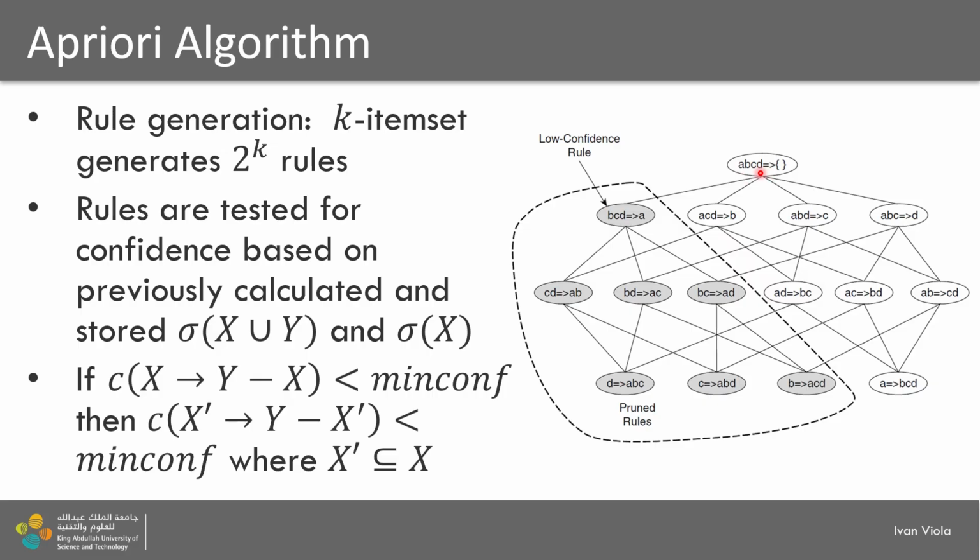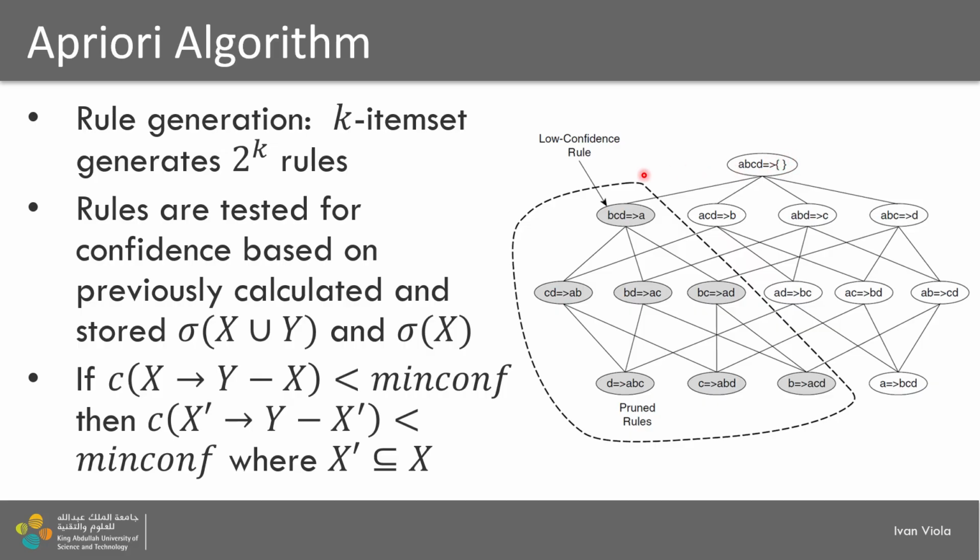The 4-item set ABCD looks like a similar graph to the one we have seen before, where we start with the root, which doesn't really make sense, but it is an initial root where A, B, C, and D imply an empty set, so there is no association.